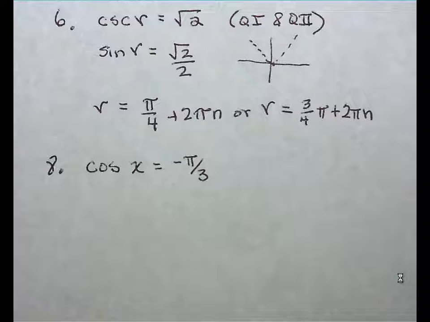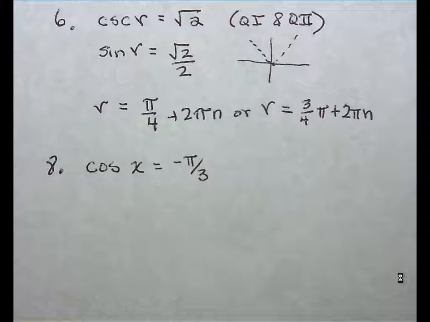No, we don't have x equals cosine of negative pi over 3, or I would just take the x coordinate of that angle and that would be my answer. I'm looking for the angle whose cosine is negative pi over 3. How do I find an angle whose cosine is something? I can use inverse cosine, so I could pick up my calculator right now and say x is inverse cosine of negative pi over 3.